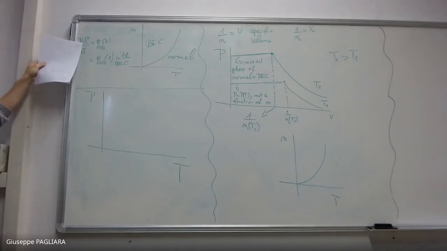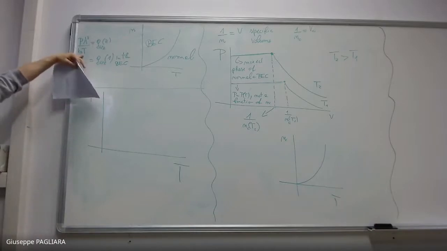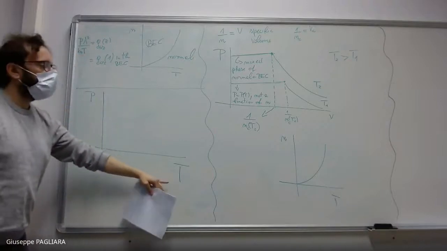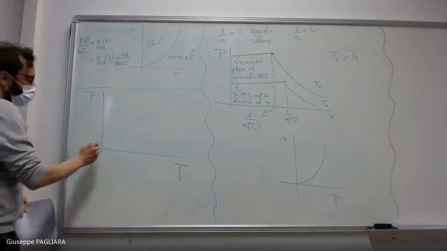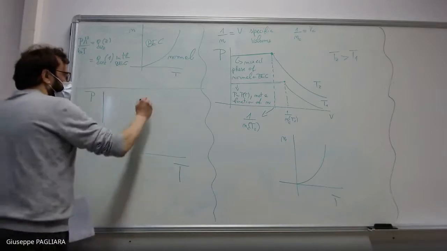This lambda scales as T to the minus 1/2. Then I have another temperature here, so this will be T to the minus 5/2. Therefore, the pressure as a function of the temperature in the condensate, well, along the critical line, will be something like this.